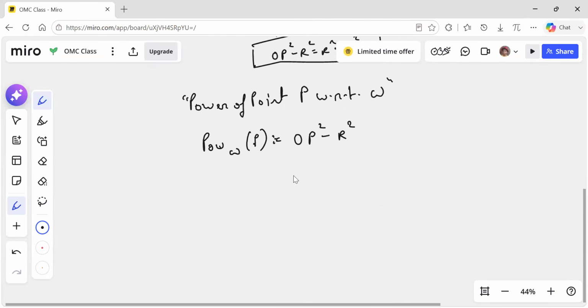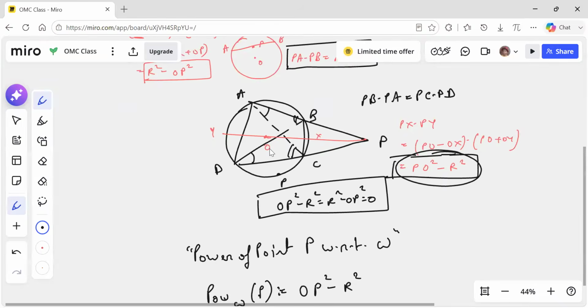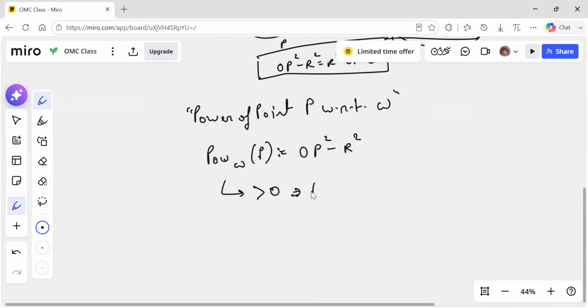And why this is useful is because if this is greater than 0, which means I'm in this case, this will imply point P is outside the circle. If this is equal to 0, which means OP square equals R square, in other words OP equals R, this means P will be on the circle.